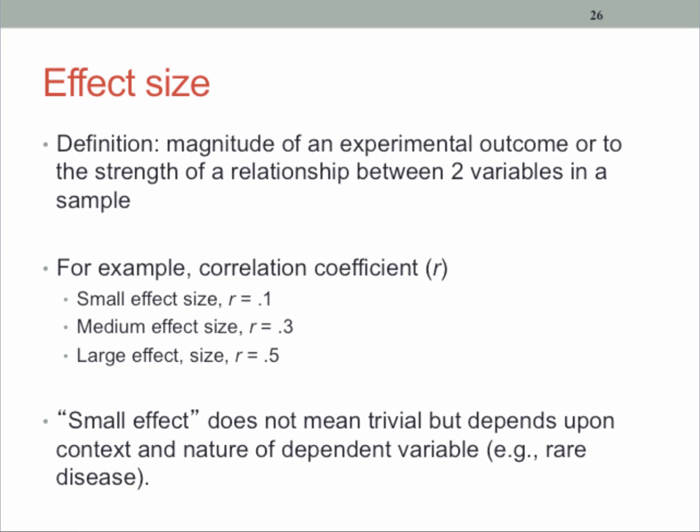That small effect does not mean it's trivial. But if we're talking about weight loss, a small effect, half of a pound, does not mean much in the scheme of weight loss. So when you think about the effect size, you need to think about the context in which you are talking about your outcome, your dependent variable.